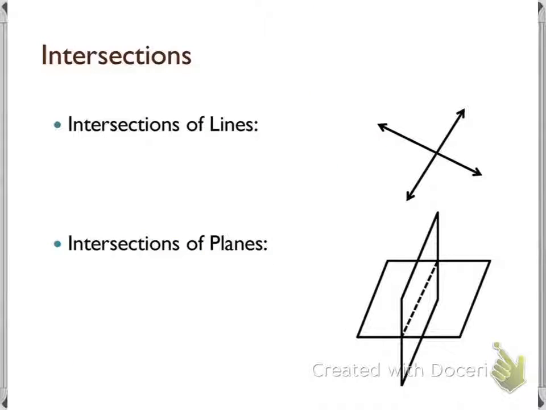So let's keep adding some more tools that we're going to need. So intersection of lines. If I drew 2 lines and they intersected, they would meet at a point. And that's important because we're going to need to know that lines intersect at a point.